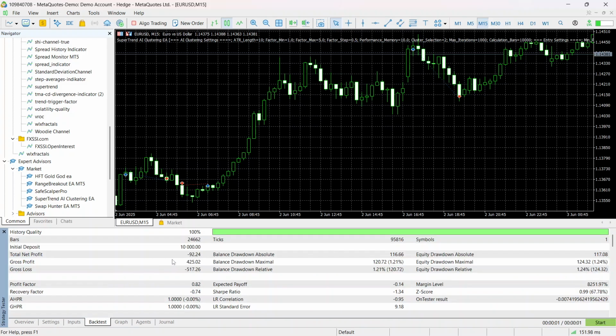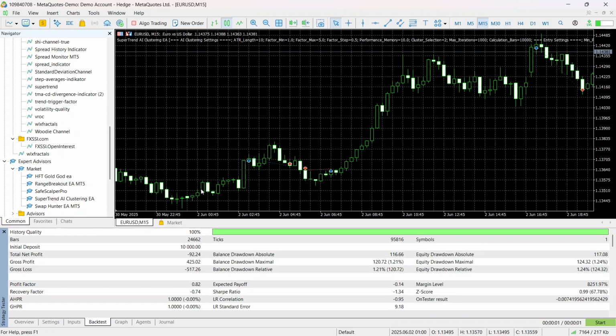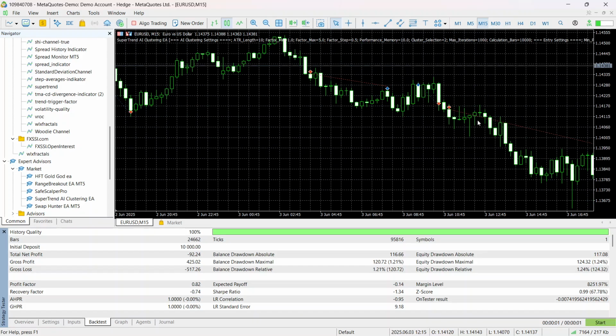Going over to the results for the backtest, we have a total net profit of negative $92. Gross profit is 425, which means it made $425 in its trades, as you can see on the charts where the arrows indicate its entry and exit, but it lost approximately $570 in its losses, which means we ended the backtest with a loss.